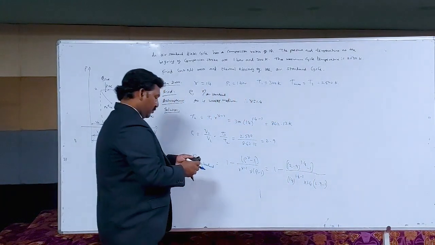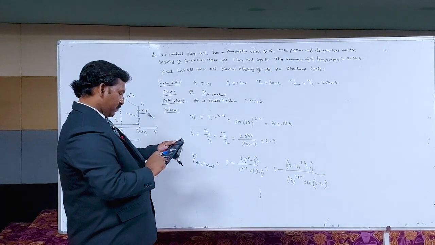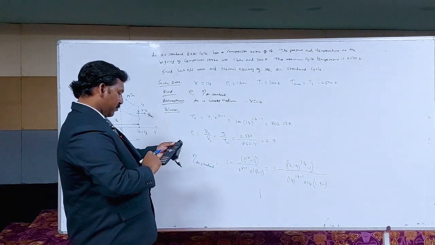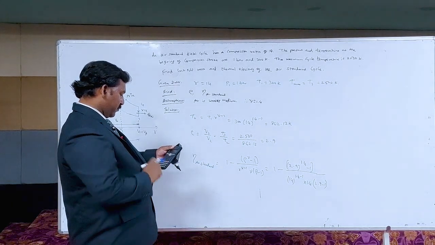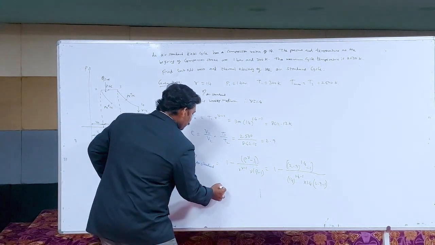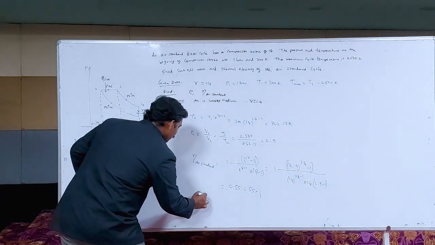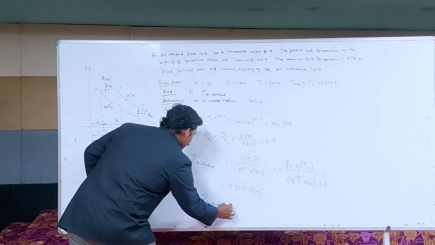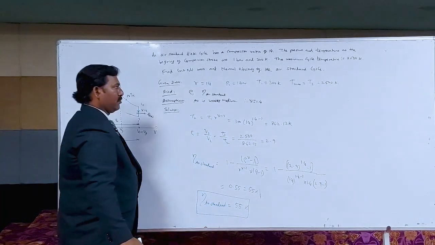So 2.9 power 0.4 divided by 14 power 0.4 divided by 1.4 divided by 1.9. So we get the answer 0.55, that is equal to 55%. So the efficiency of the air standard cycle is equal to 55%.